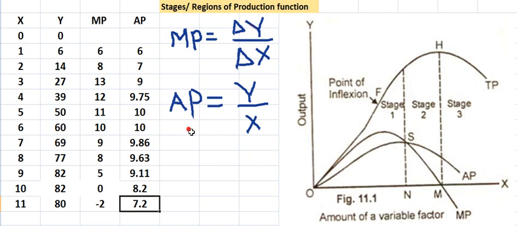Now we can depict the values of Y, total product, marginal product and average product in a diagram in order to separate the regions of production function. So first we can draw the total product curve by using the values of Y or output level.